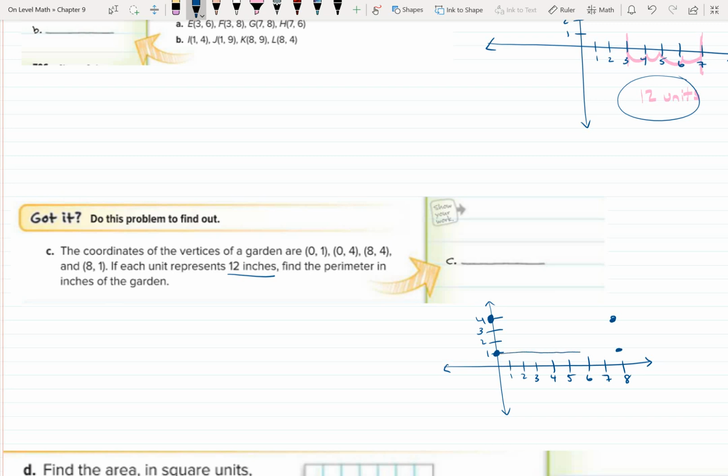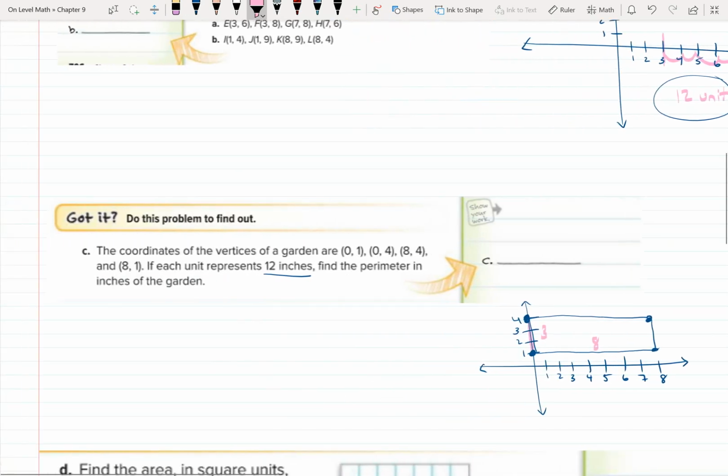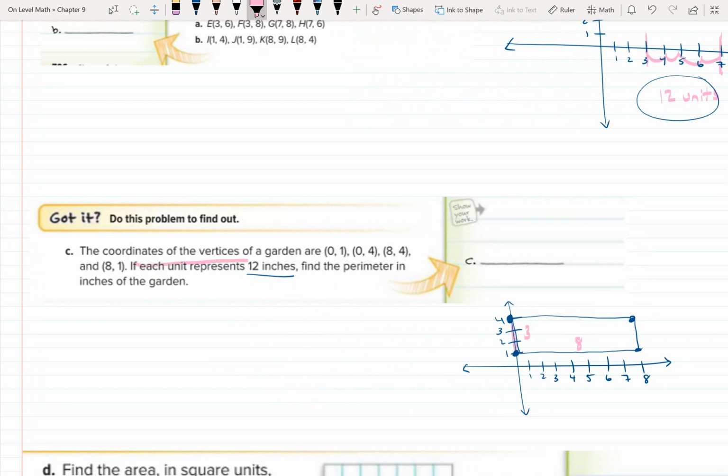Okay, so I've got to find my dimensions. And luckily, this guy is pretty easy. So right here, it's 1 up to 4, so we know that's 3. From 0 to 8, we know that's 8. So this part is a little different. It says if each unit represents 12 inches. So that means our length and our width are 8 units by 3 units.